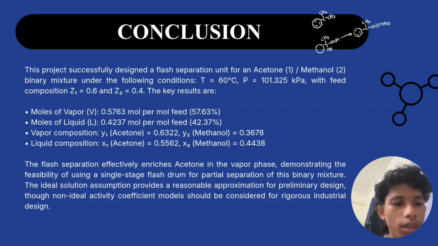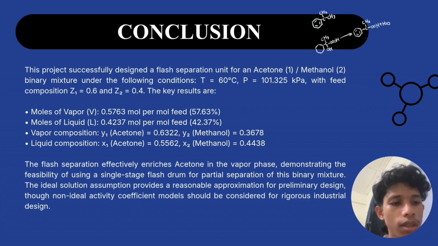Next, for the composition profile, the vapor phase is enriched with acetone, achieving a composition of Y1 equal to 0.6322 and Y2 equal to 0.3678. The remaining liquid phase has a composition of X1 equal to 0.5562 and X2 equal to 0.4438.